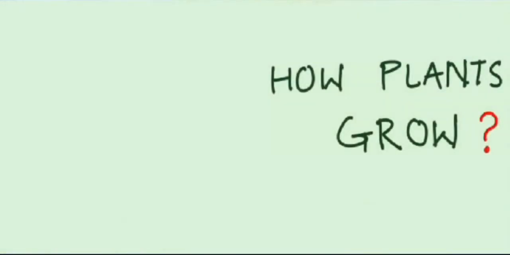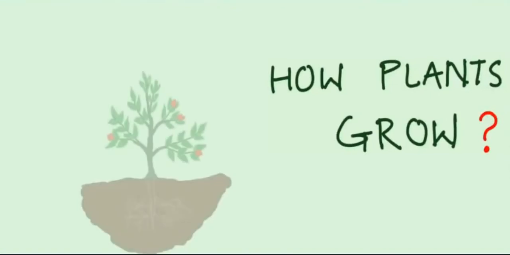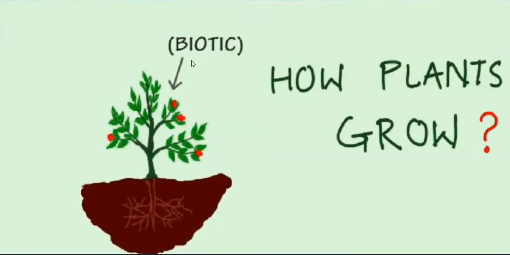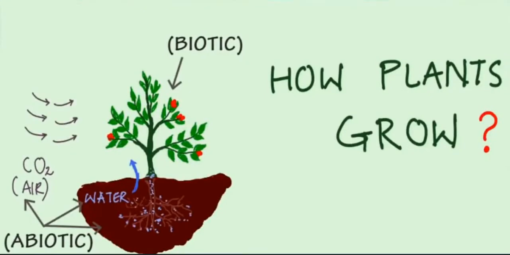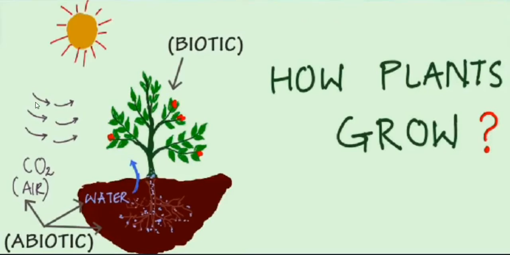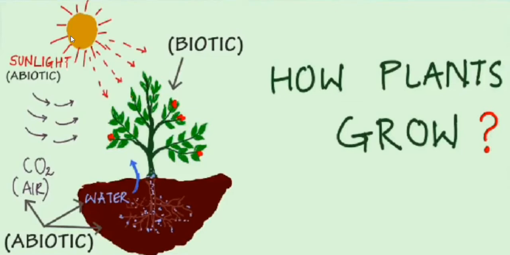Now let's take an example of how biotic and abiotic components interact, how plants grow. We learned in the chapter Plants and Photosynthesis that a plant itself is a biotic component. But for its growth, it needs some abiotic components. What are they? Carbon dioxide, water, and sunlight. Yes, these all are abiotic components.